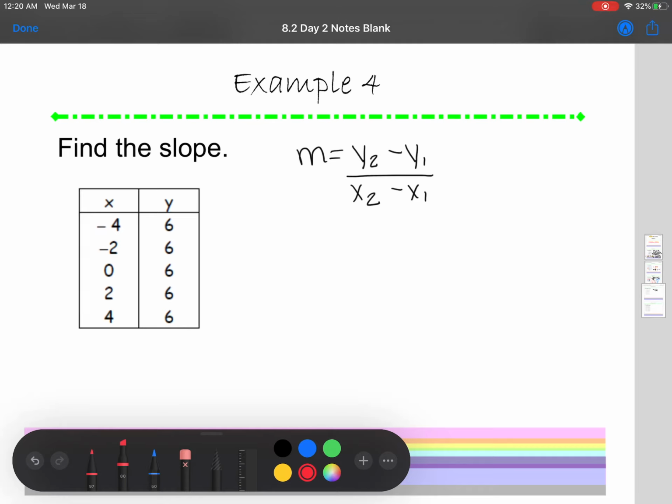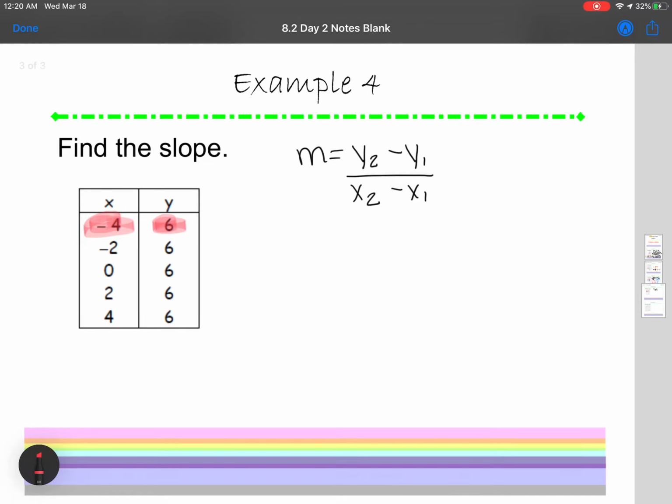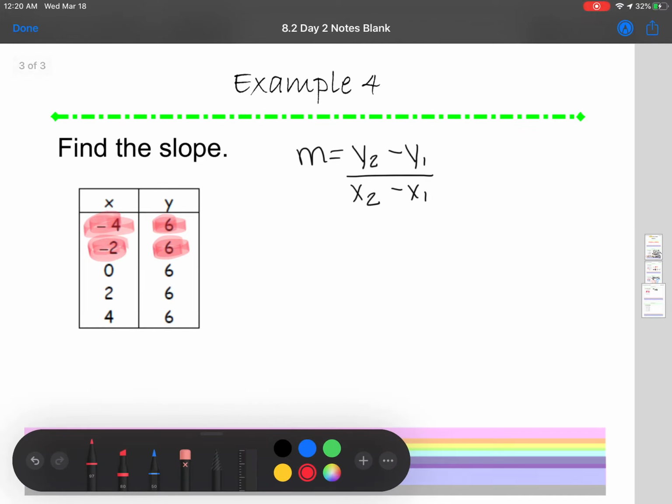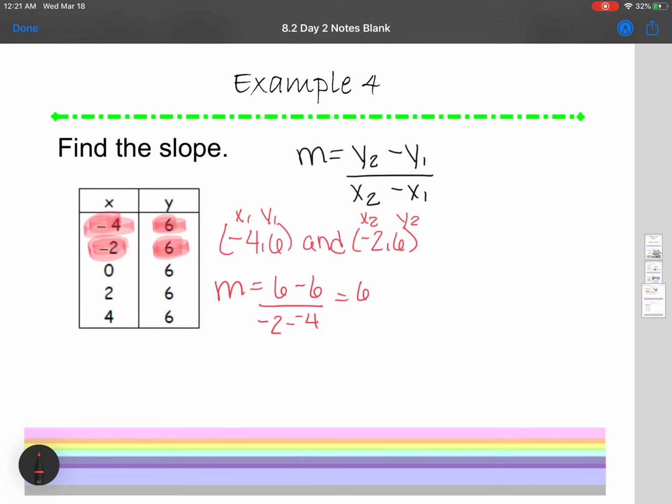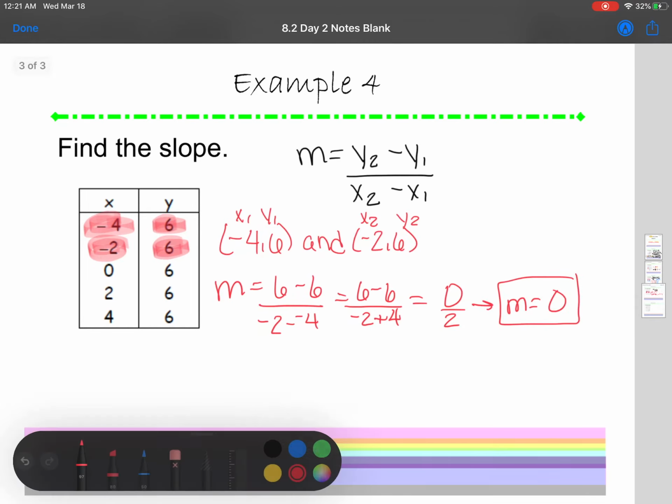I will use negative 4, 6 and negative 2, 6. x1, y1, x2, y2. M equals 6 minus 6 over negative 2 minus negative 4, or 6 minus 6 over negative 2 plus 4, which becomes 0 over 2, or m equals 0.